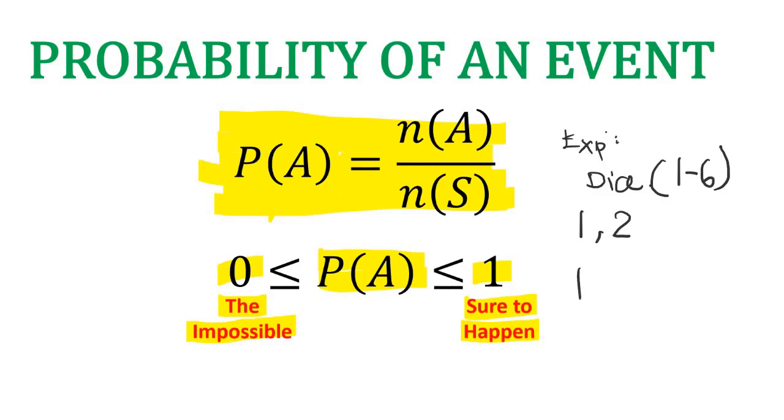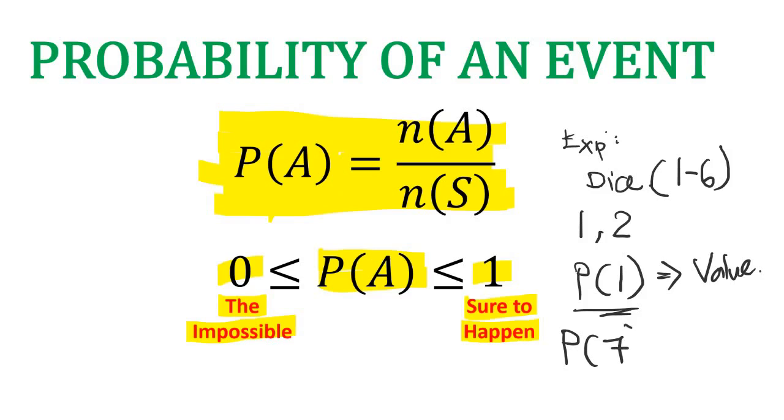So that means the probability to get number 1 has a value. But if I say the probability to get number 7, is that possible to happen?